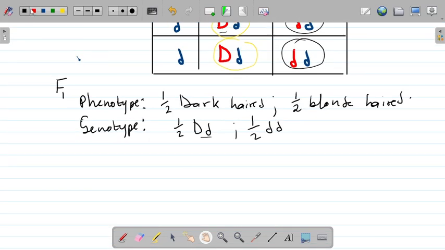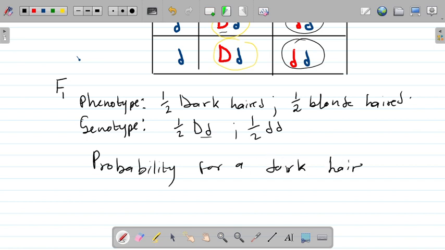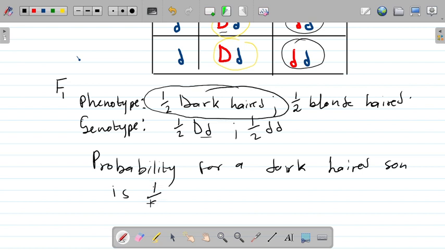The probability for a dark haired son is, here is your answer, 1/2. Then you've answered the question.